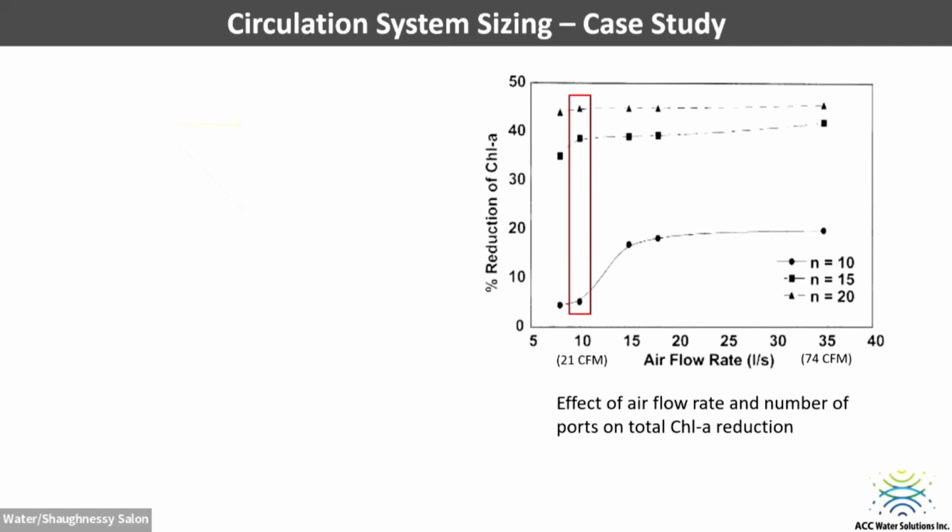You are putting in 74 CFM and 20 diffusers, and the reduction in chlorophyll A you are getting is almost the same. With 21 CFM you can get 45, and at 74 CFM you get maybe 46. So is it worth spending more money on a bigger blower or compressor just to increase the airflow?